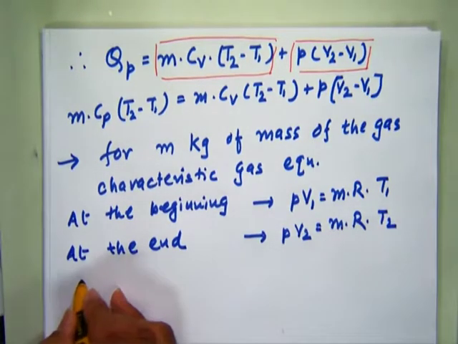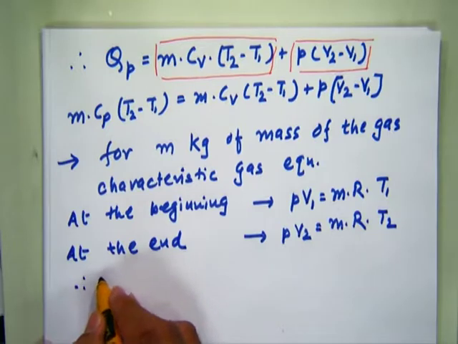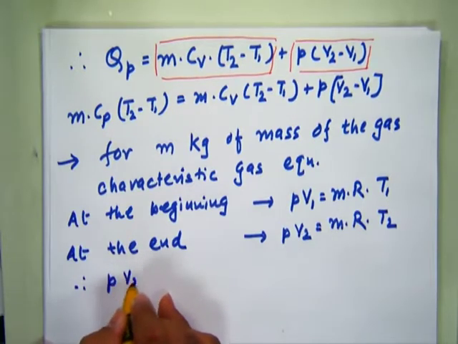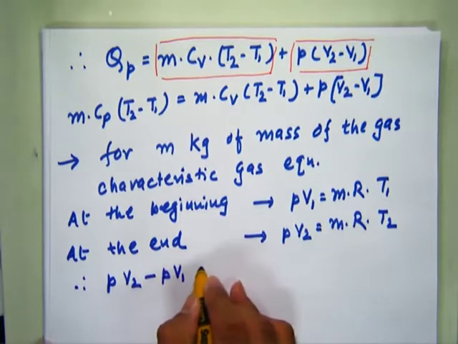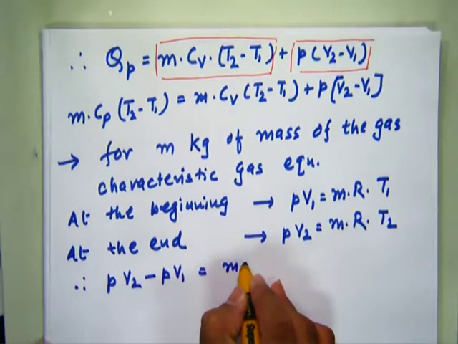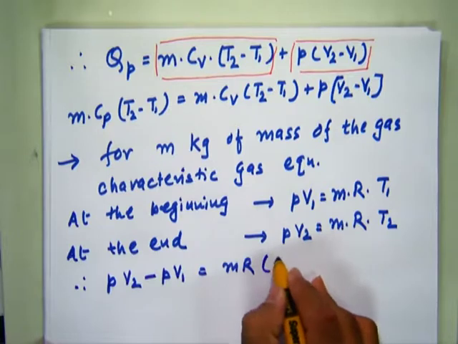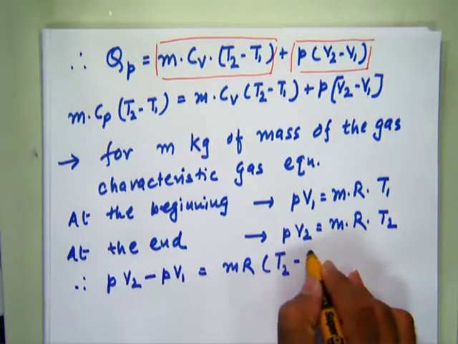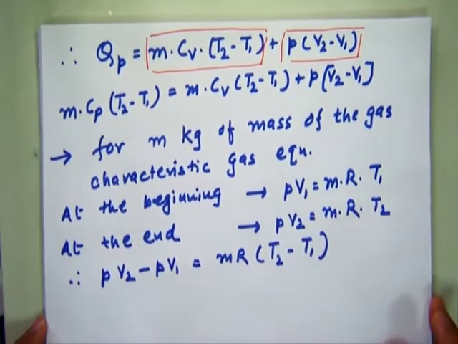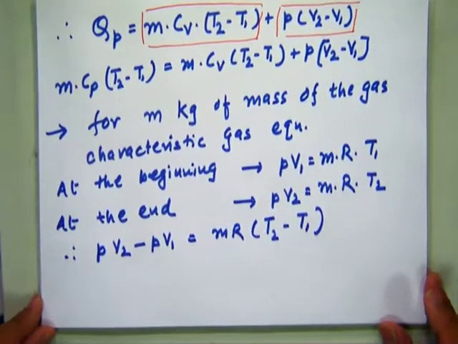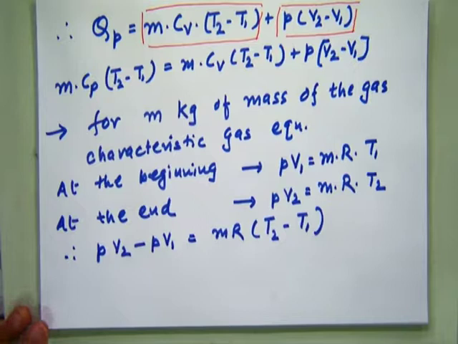Therefore, you can certainly write PV2 minus PV1 is equal to MR into T2 minus T1.